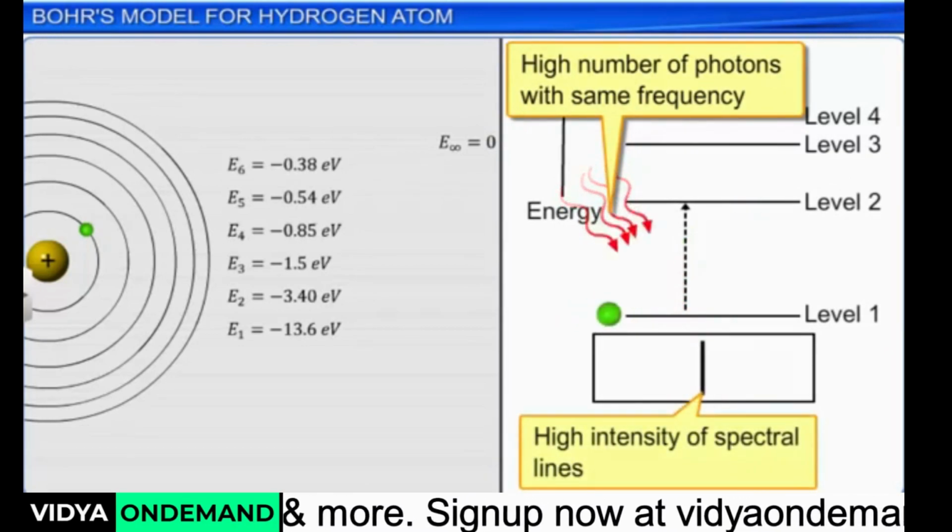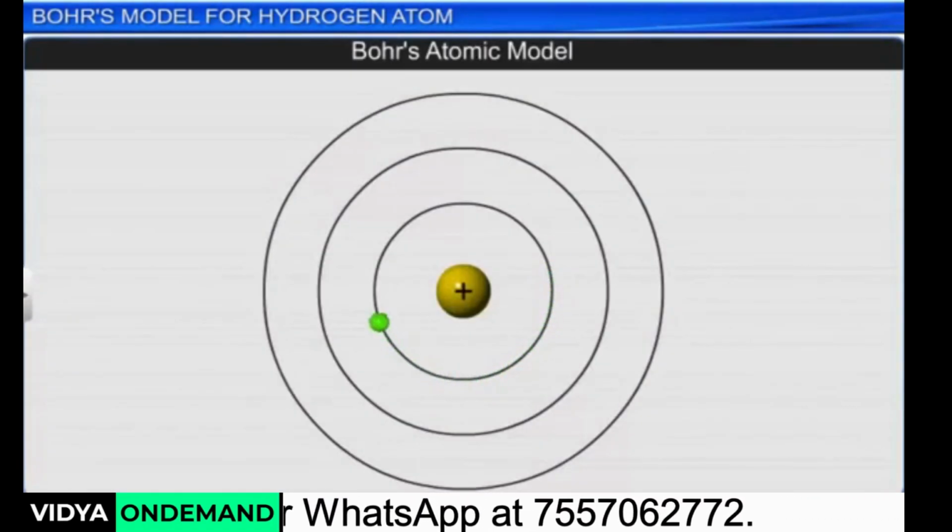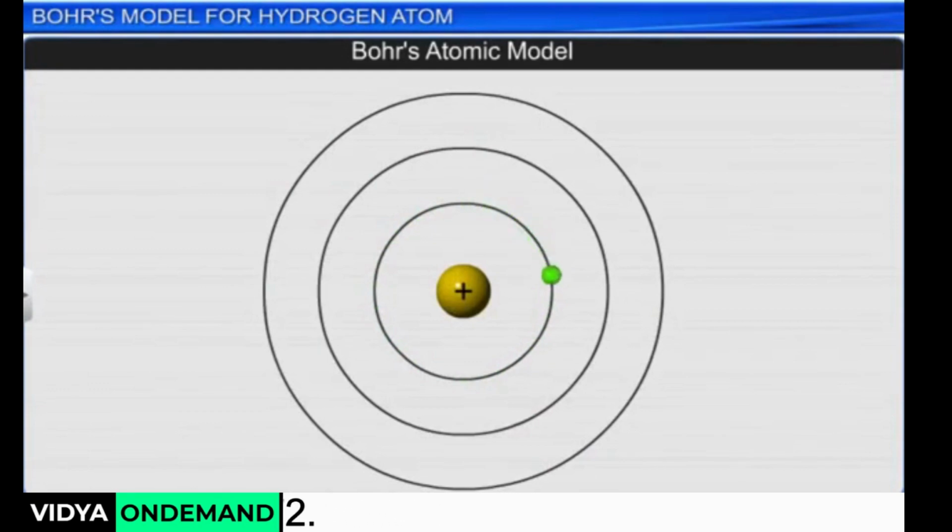Bohr's atomic model of the hydrogen atom, therefore, helps to get most of the answers to the questions prevalent at that time.